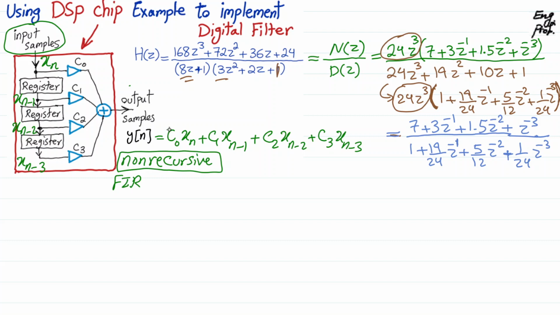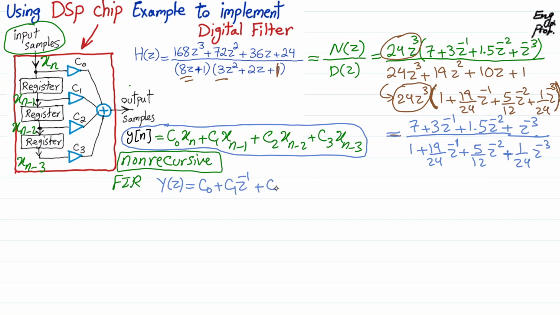So what you saw here that I wrote in terms of the input-output relationship for the output sample as a function of input sample entering this chip, if you do the z transform of it, it is effectively y of z equal to c0 x of z plus c1 z minus 1 x of z plus c2 z minus 2 x of z plus c3 z minus 3 x of z.